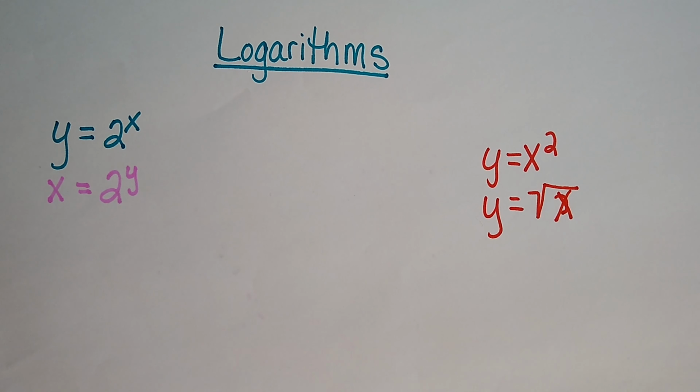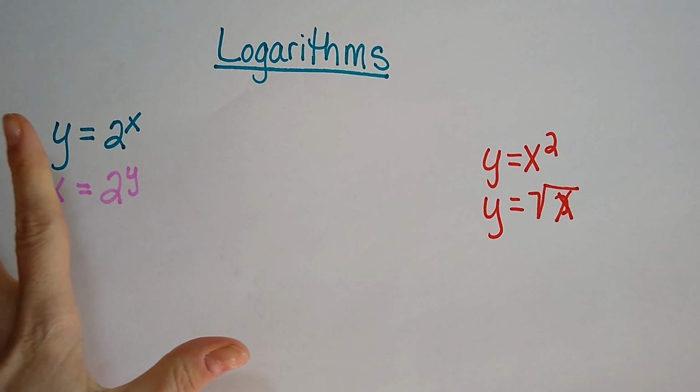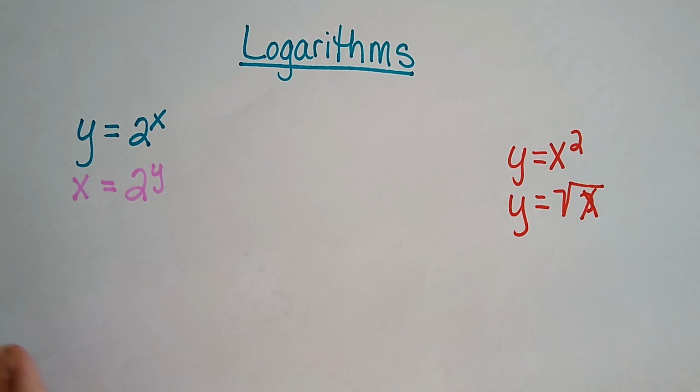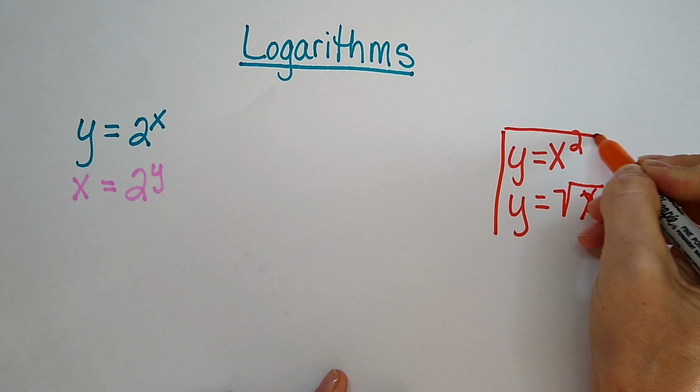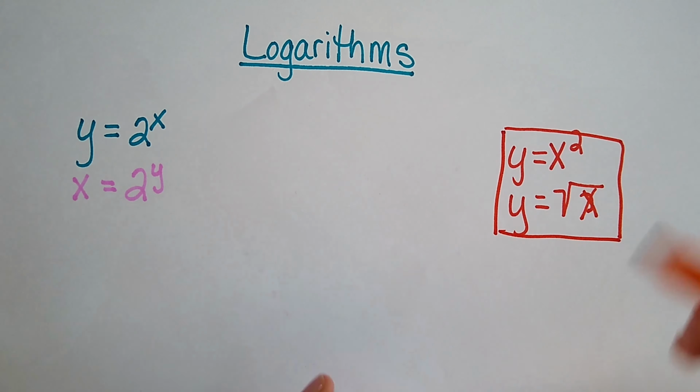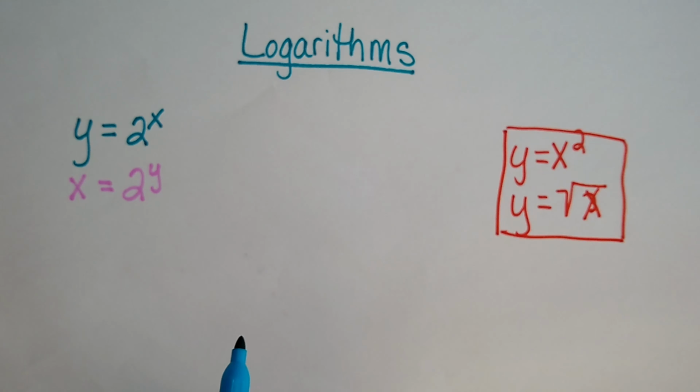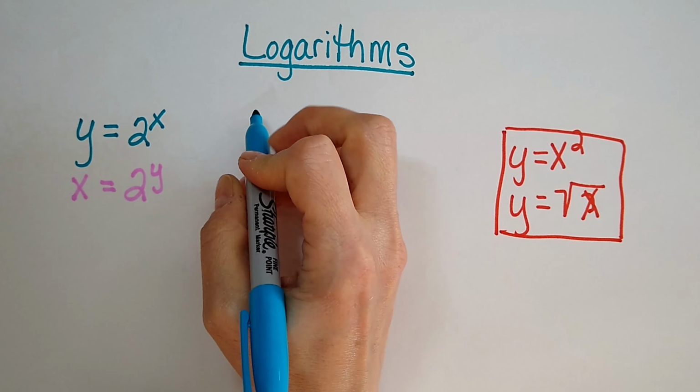They are inverses of one another. We need something that is the inverse of this exponential. So coming back over here, this really is just a side note, we are going to define our logarithm this way. And then we're going to practice converting back and forth a little bit.